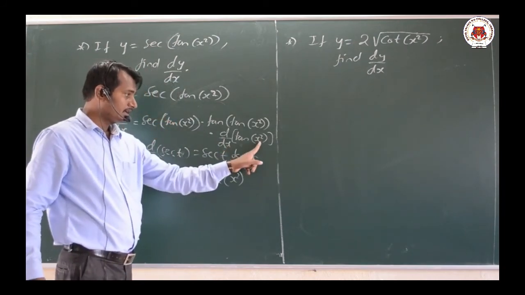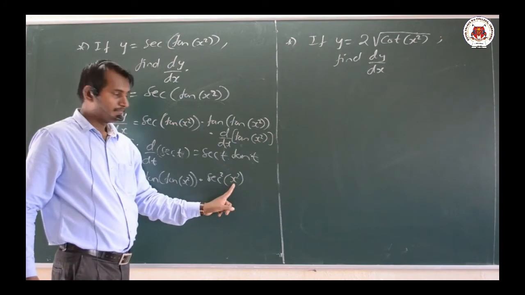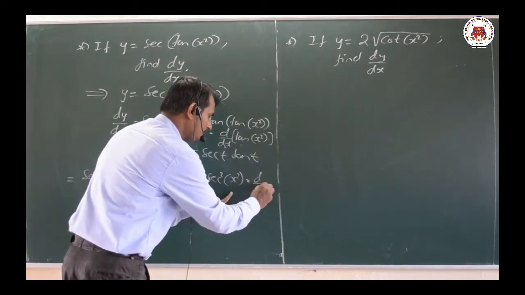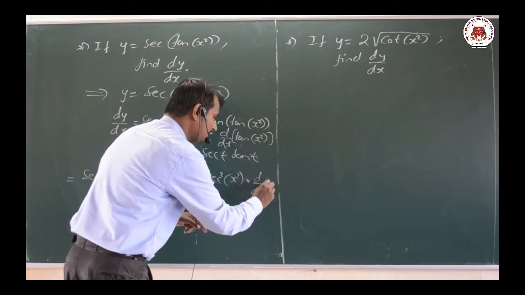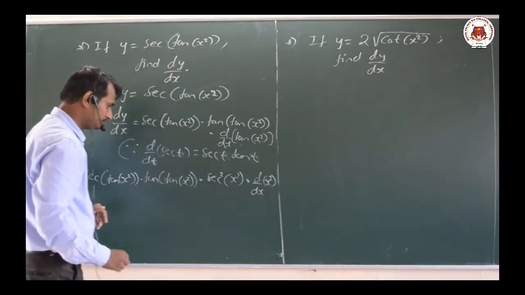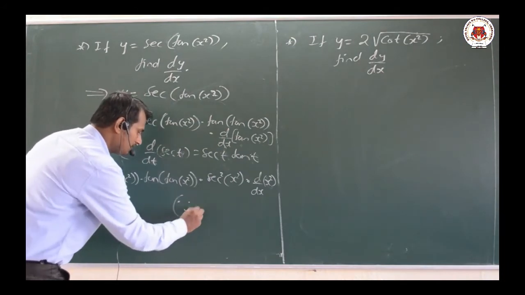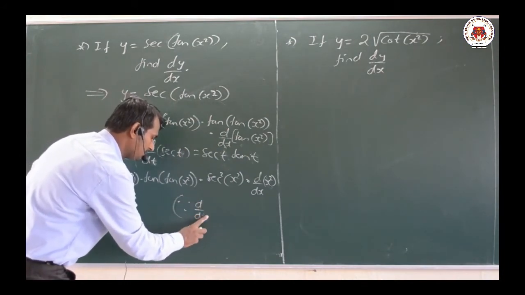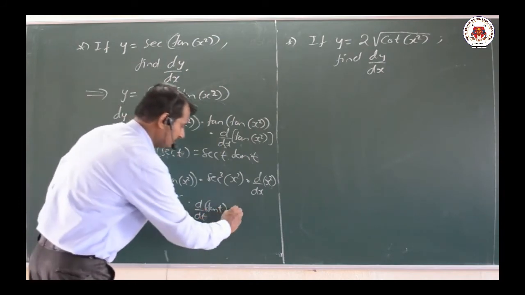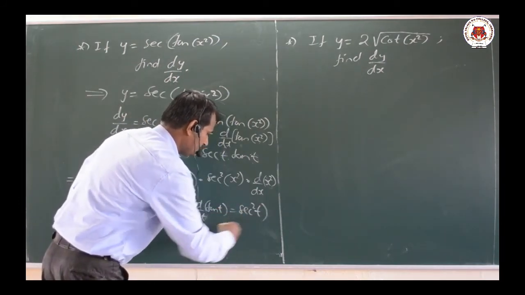Here x square I am writing as it is. Tan differentiation I have done, into further differentiation of d by dx of x square, the remaining part. Very simple, because d by dt of tan t is secant square t.